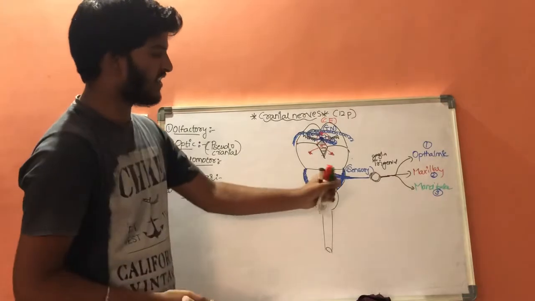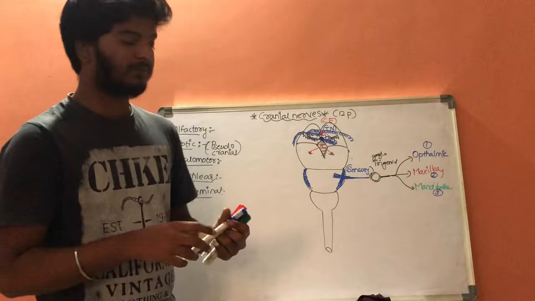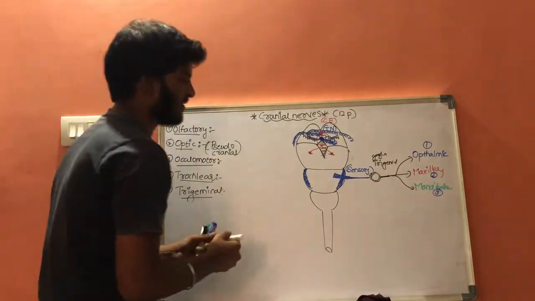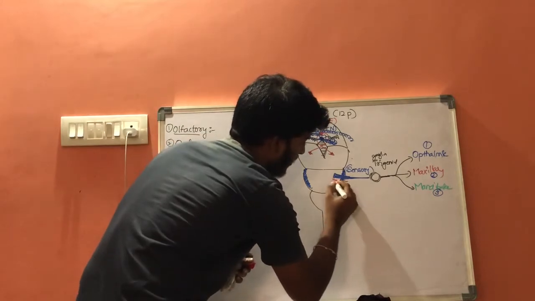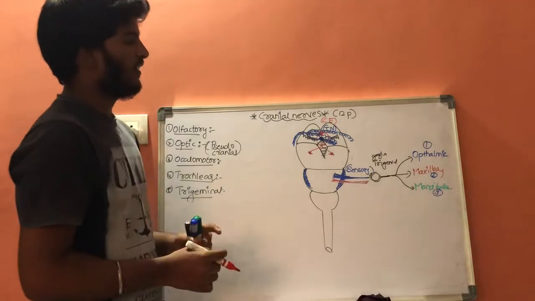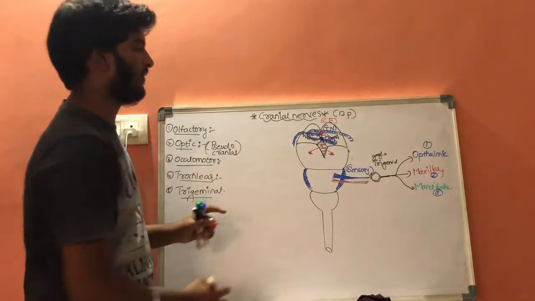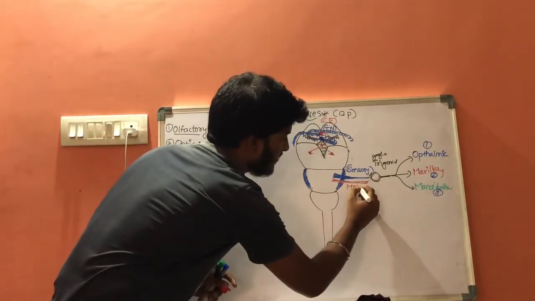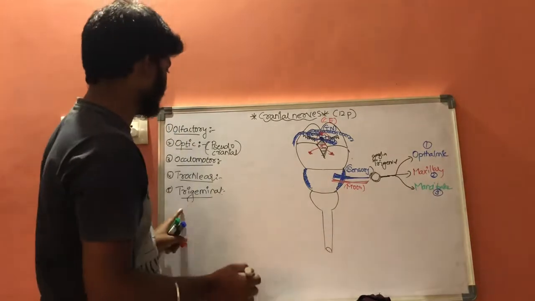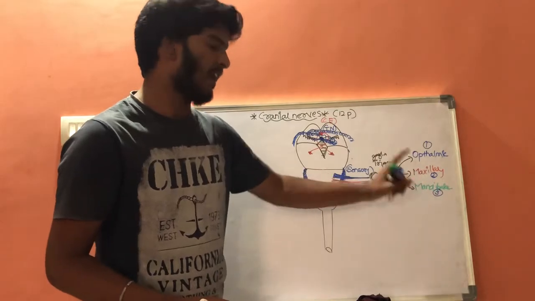Now along with the sensory fibers, the trigeminal nerve also consists of motor fibers. These motor fibers are also released along with the sensory fibers, but one special characteristic of the motor fibers of the trigeminal is that they do not divide into the ophthalmic, maxillary and mandibular.